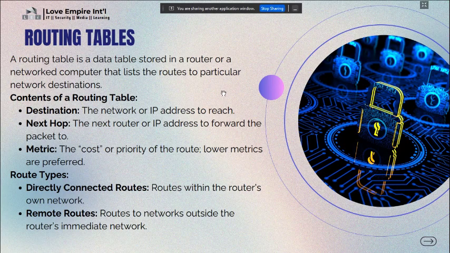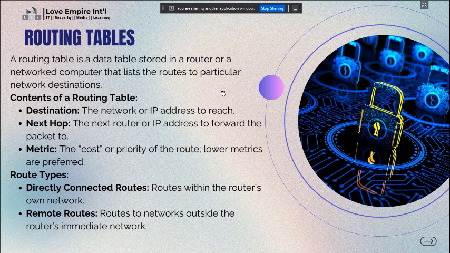So that is what they call the routing table. It's a data table stored in a router or network computer that lists the route to a particular network destination. So what are the contents of a routing table? We have the destination, the network or the IP address to reach.